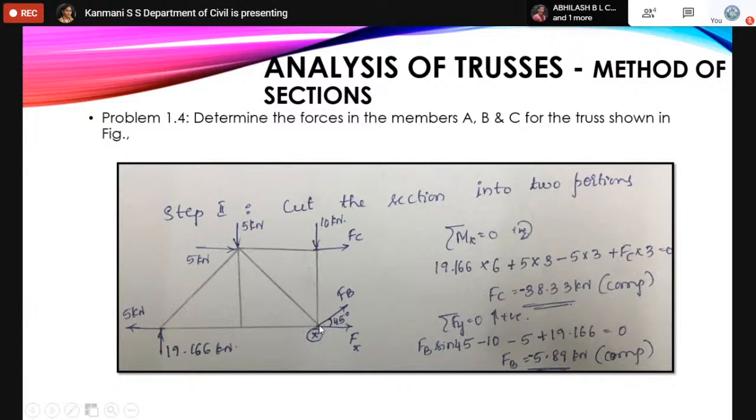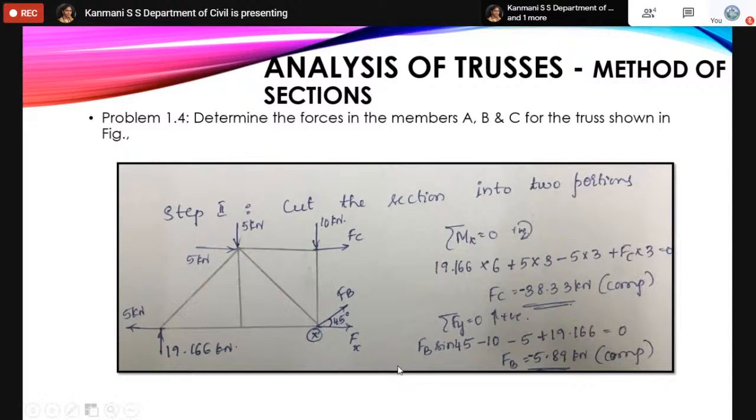And then we have FC, moving in the clockwise direction, so plus FC into the distance of 3 meters. With that, FC is equal to minus 38.33. We assumed FC to be a tensile force. Since we get minus, we will change the direction and say that FC is a compressive force.